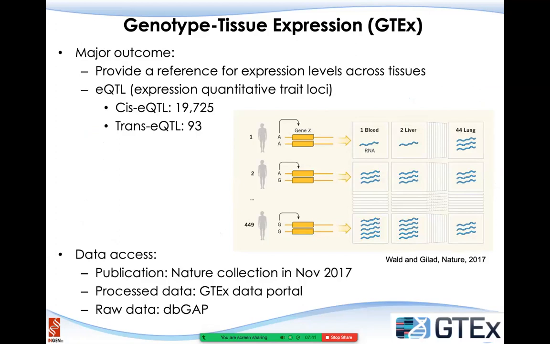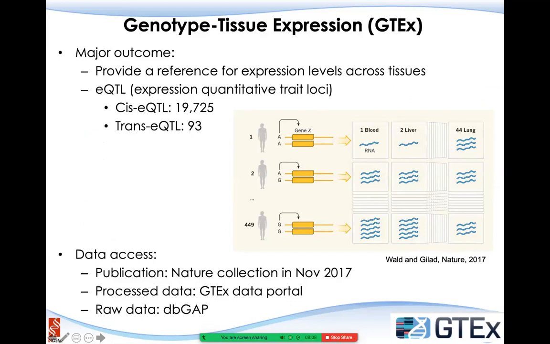Using this data, there are many major outcomes in addition to serving as the reference for everybody else to use. For example, it provides a reference for expression levels across tissues. People also studied expression quantitative trait loci analysis using these data sets, essentially trying to understand how the genetic variants at the individual gene level are associated with gene expression.